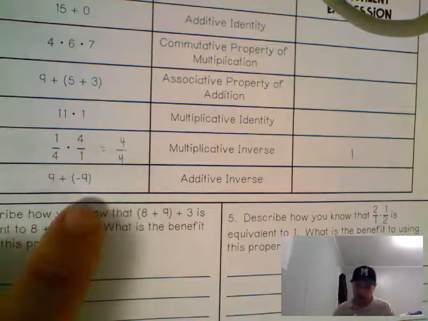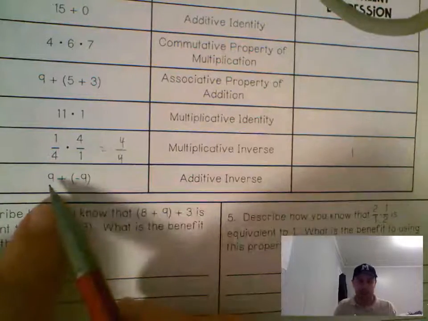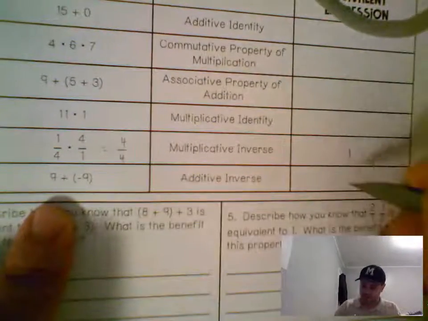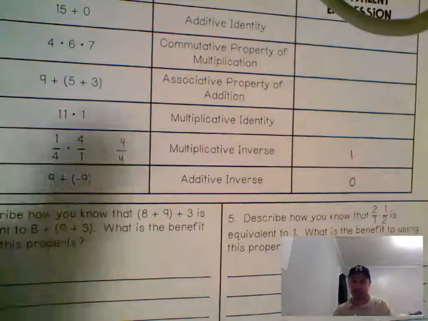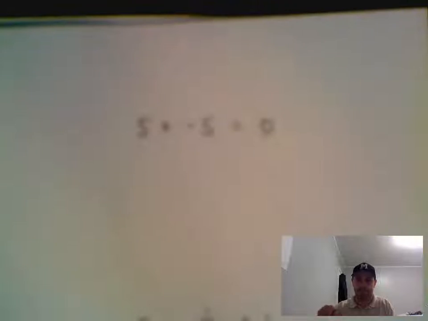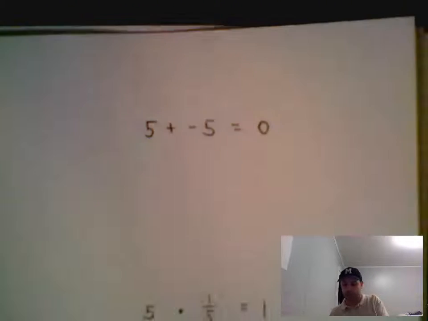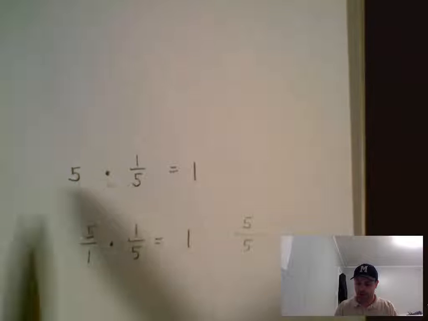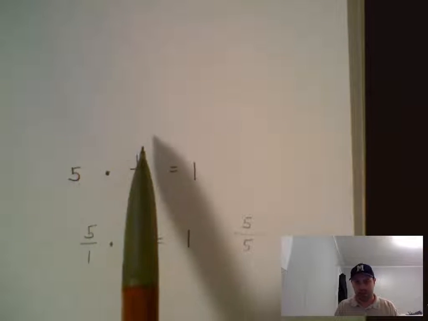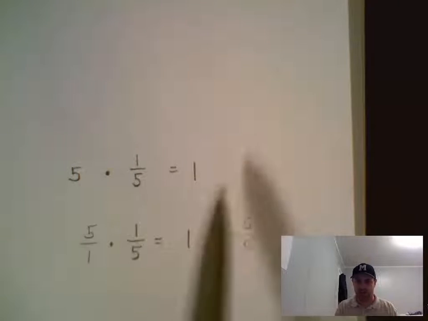And then also here, the additive inverse: 9 plus negative 9 is going to give you 0. In terms of addition, we're looking at those two numbers making a 0. The inverses, the opposites, make a 0 when you add them together. And in terms of multiplication, we're looking for the opposite that, when you times it by the opposite, would give you 1.